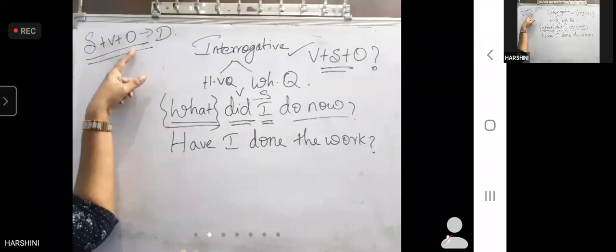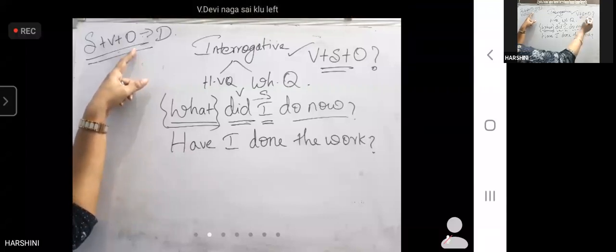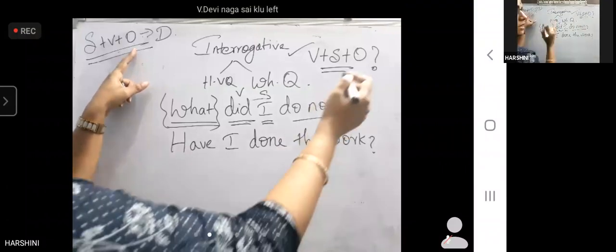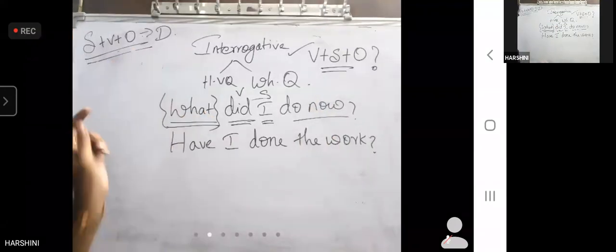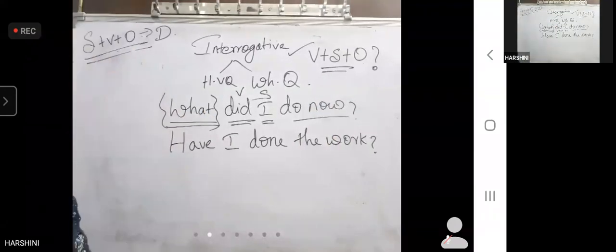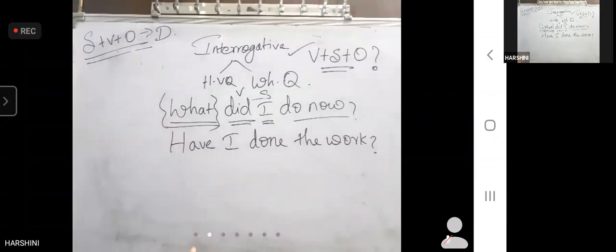"He went to a temple." "To a temple" is a to-infinitive phrase. And "he wrote an exam." "Exam" is an object. So every time an object will not be there, but grammarians generalize it as an object. It is not compulsory that an object should always be there. But for a passive voice to be written, there should be an object in the sentence. Sometimes you have to understand what the object is.